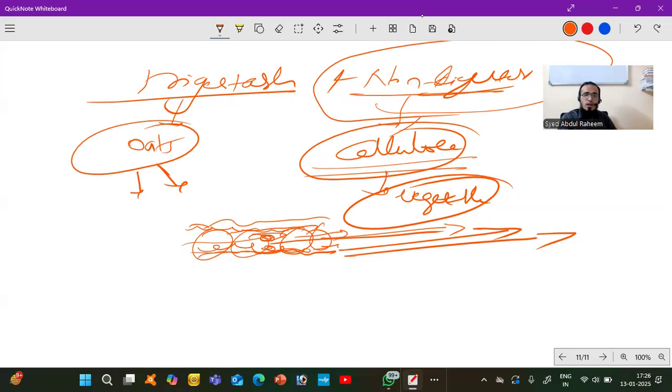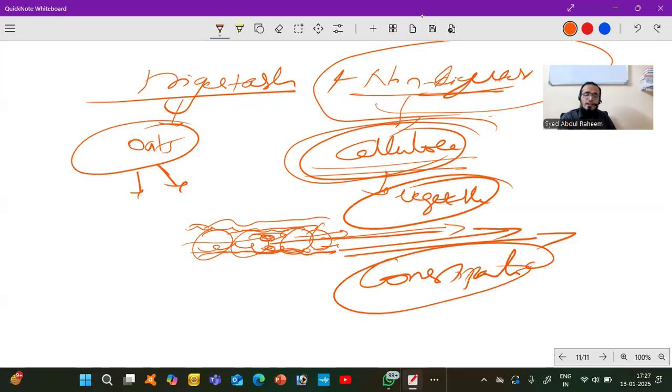If it is not there, we have to take the right amount of non-digestible fiber. Then the patient doesn't have constipation. Constipation will be cleared very easily, and it also helps to cleanse the intestine. It is very helpful for cleaning the intestine.